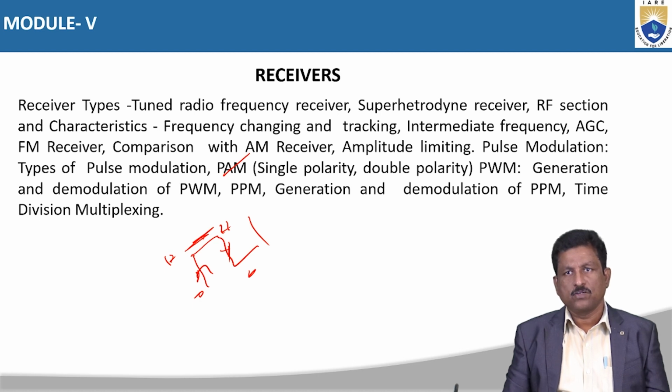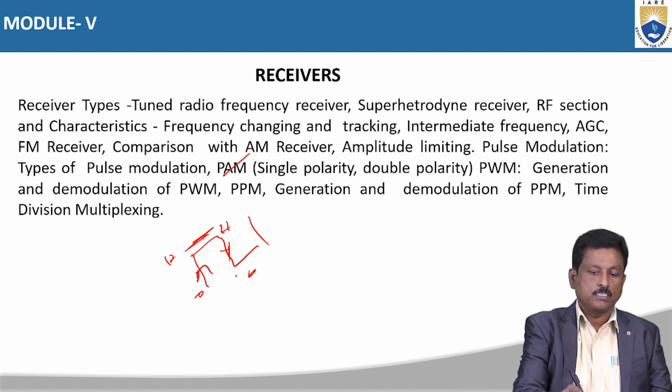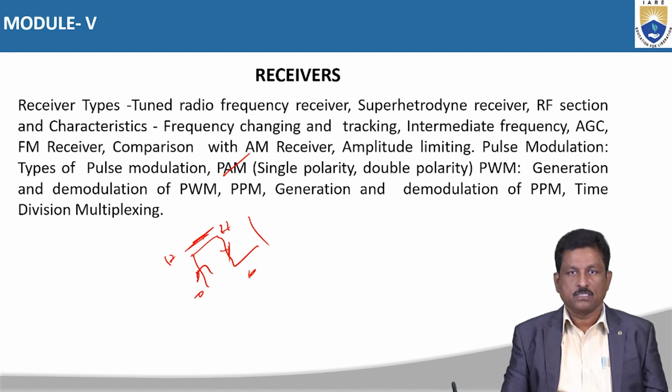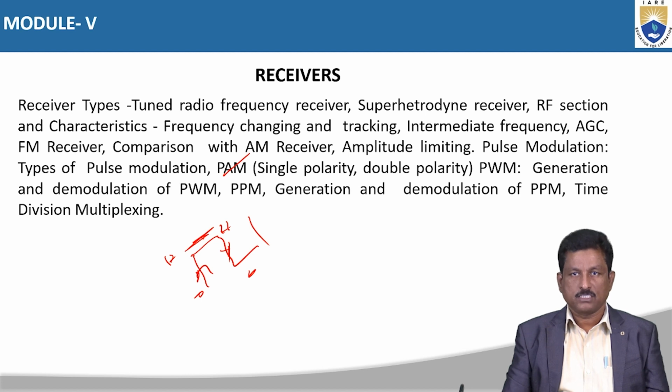The third is the position, which may be the leading edge or trailing edge position. Then the position can be changed according to the instantaneous value of the modulating signal.